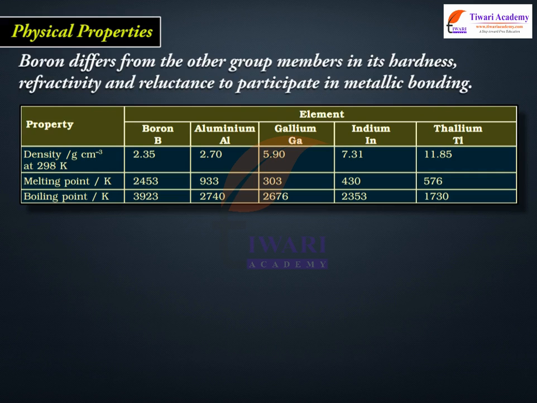The sum of the first 3 ionization enthalpies of boron is very high. This does not allow boron to form a +3 ion. That is why boron forms covalent compounds.